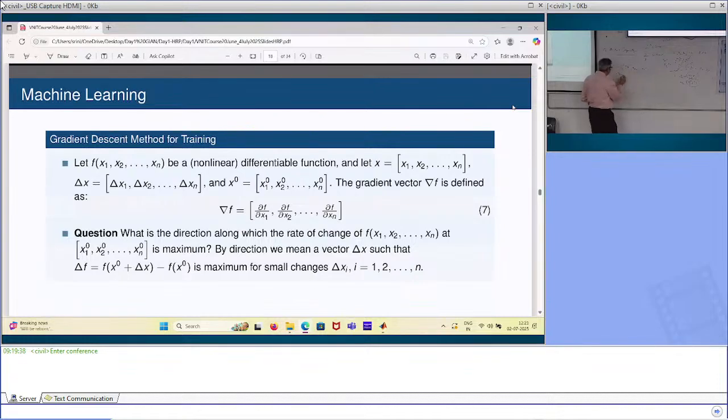Choose x1 0, x2 0, ..., xn 0, and find delta x1, delta x2, ..., delta xn such that f of x1 plus delta x1 and so on is less than the earlier value.